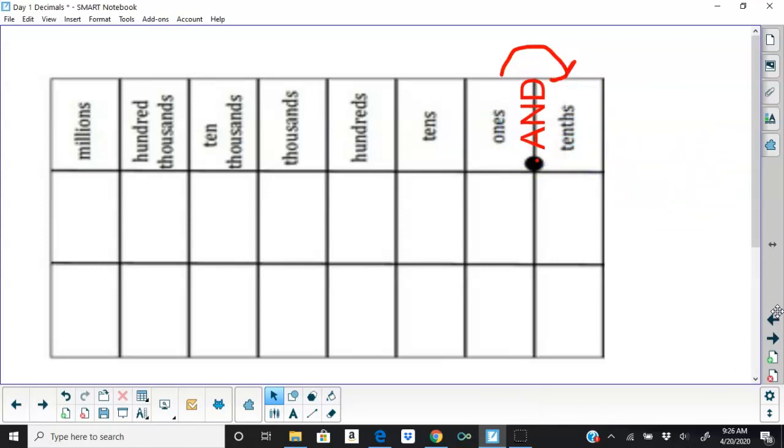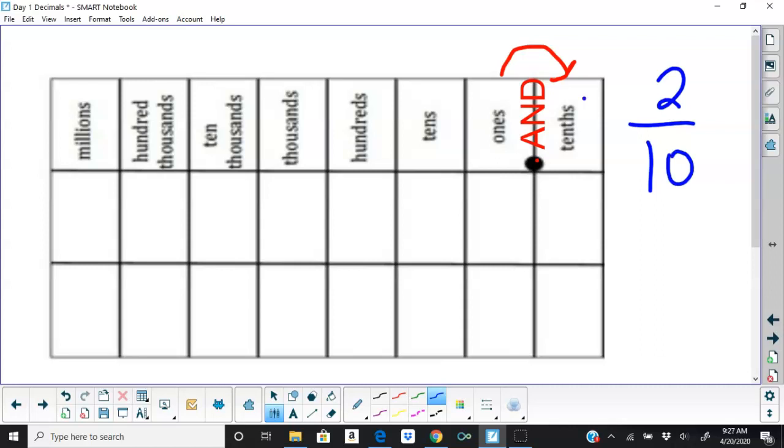So we said, what about 2/10, right? How could we write 2/10 on a place value chart? Well, what do I notice about my place value chart and my fraction here? Well, this word sounds familiar. Tenths.